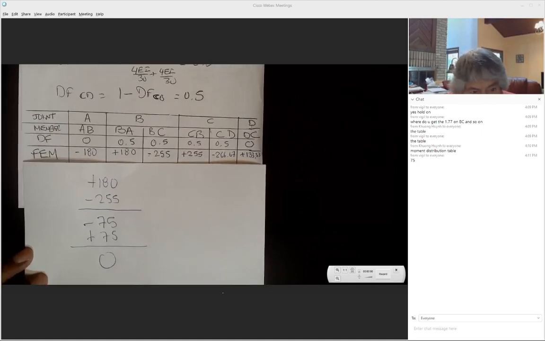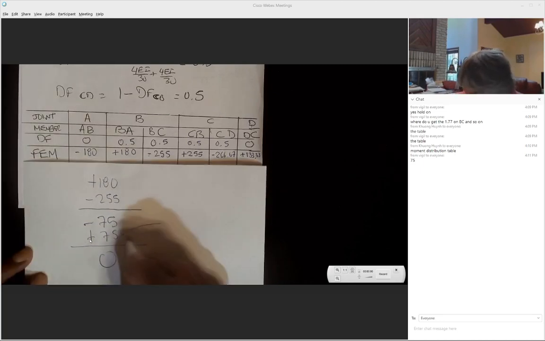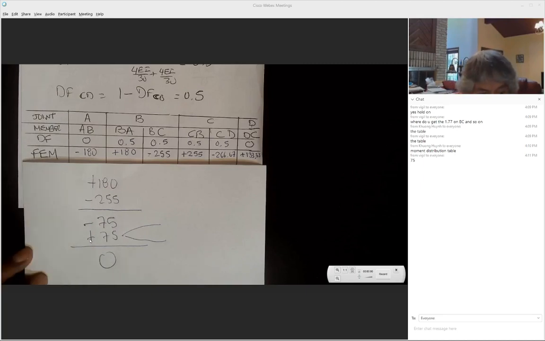So when we start with a plus 180 minus 255, I have minus 75, so I have to put plus 75. This plus 75 goes to the joint. It has to be distributed. It's like payday between member BA and BC. Each one works the same amount of time, so each one gets 50% of that.